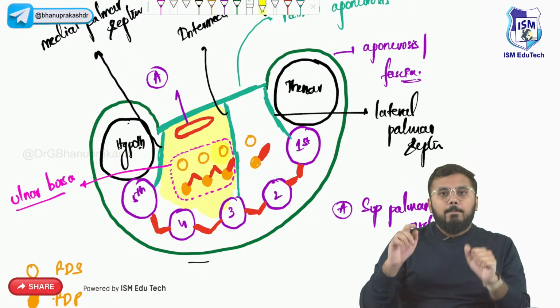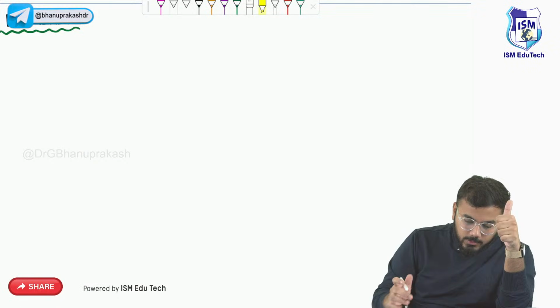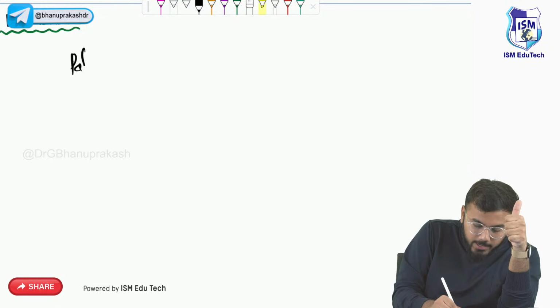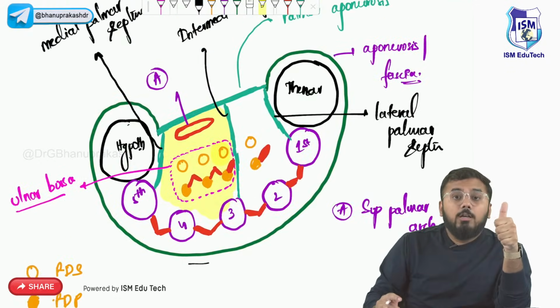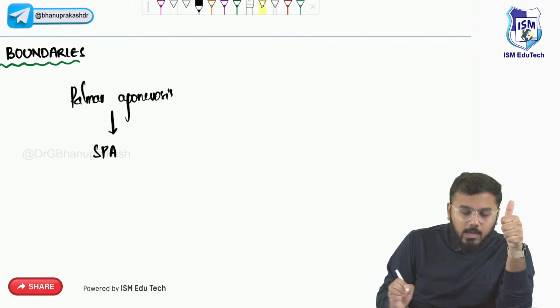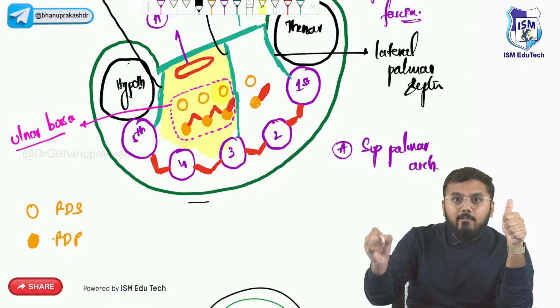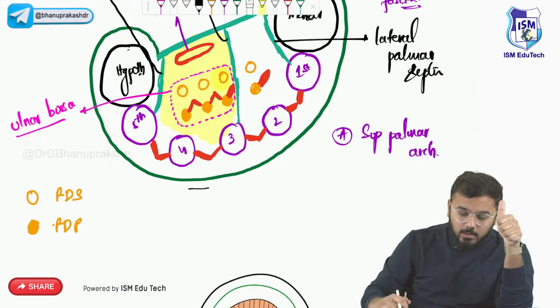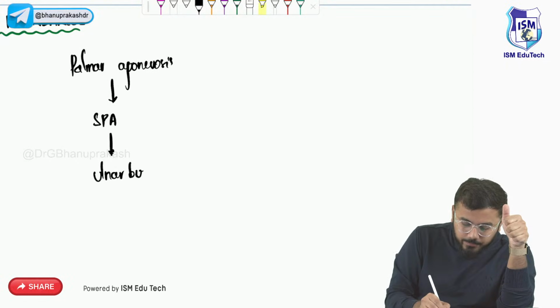The first one is the palmar aponeurosis. Just beneath the palmar aponeurosis, I have the superficial palmar arch. Just beneath the superficial palmar arch, what do I have? I have the ulnar bursa.